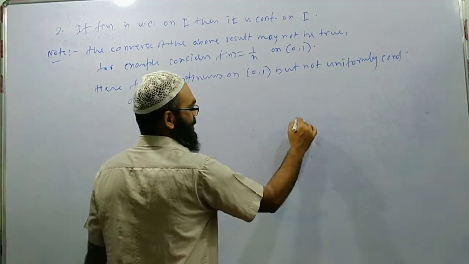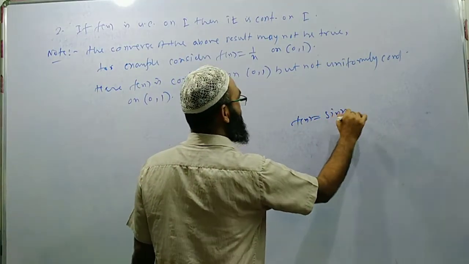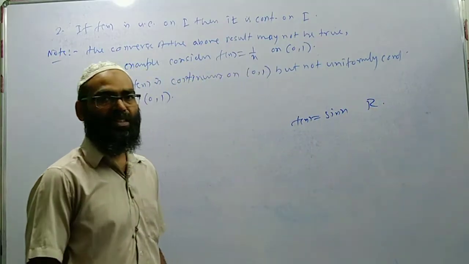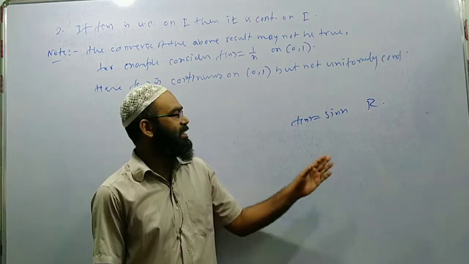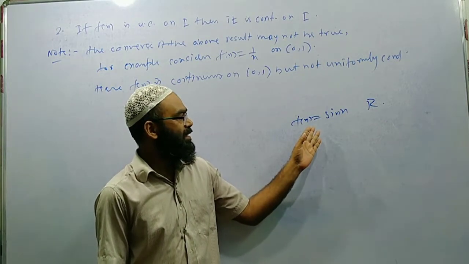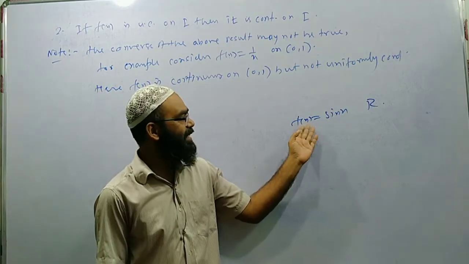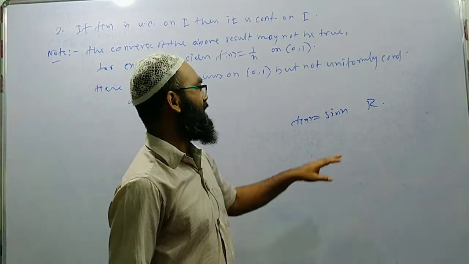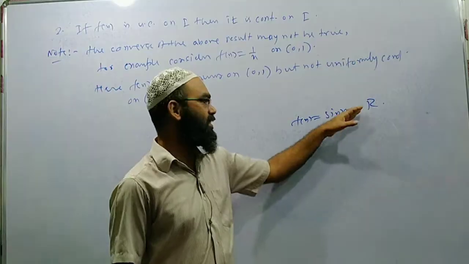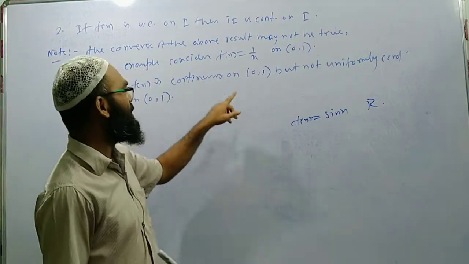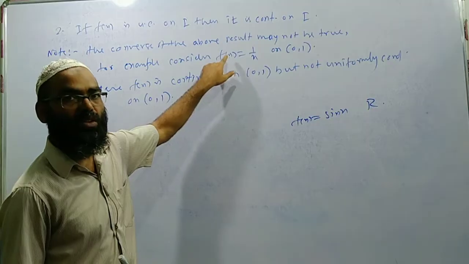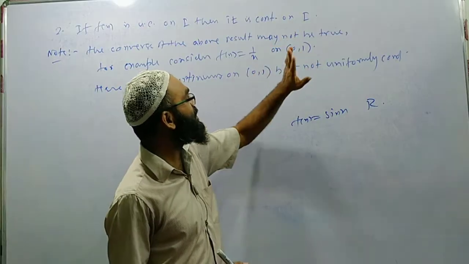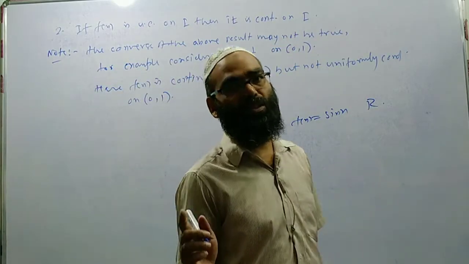We know that the function f(x) equal to sin x is an everywhere continuous function. f(x) is continuous on R, and it is proved that the function f(x) equal to sin x is also uniformly continuous on R. Here uniform continuity implies continuity, but for this problem continuity does not imply uniform continuity. So the language is may or may not be uniformly continuous.